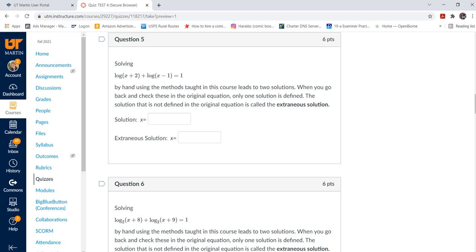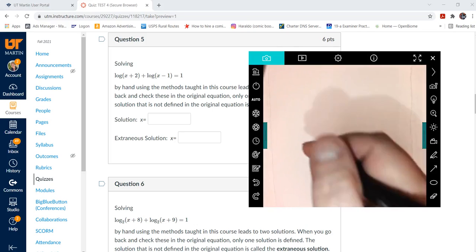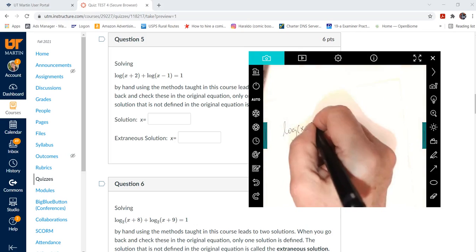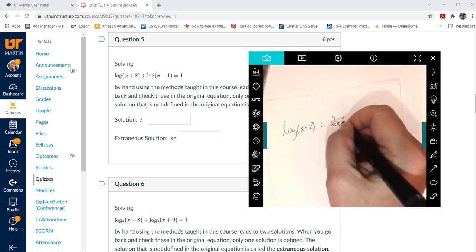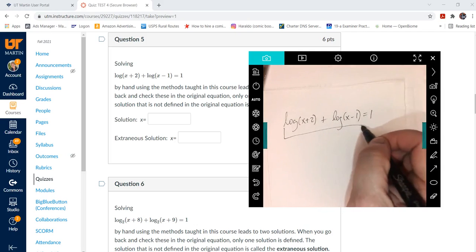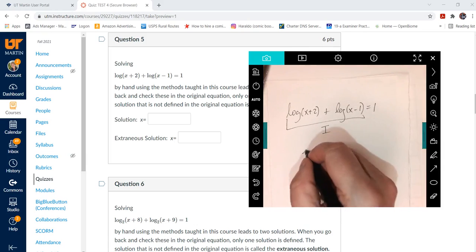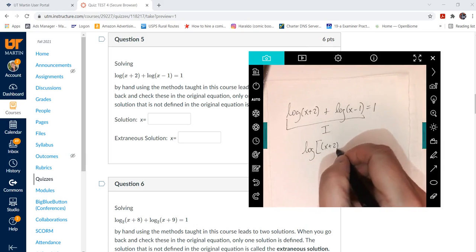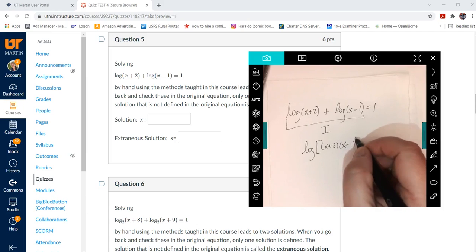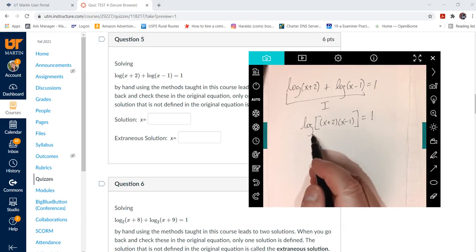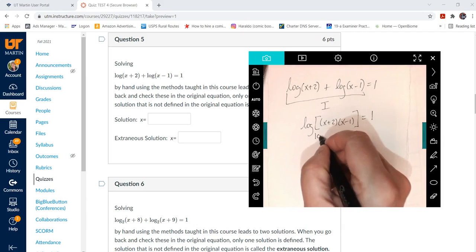All right, for this one, we've got, okay, so using rule number 1, I can put these together. And now I'm going to do the conversion. If it's log by itself, it's understood that the base is 10.